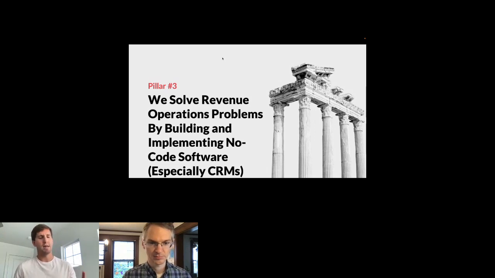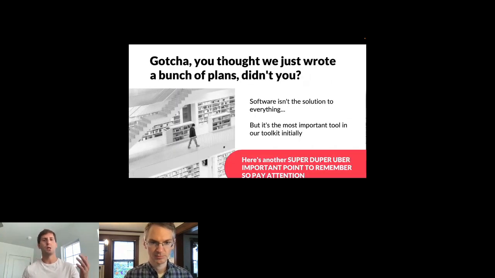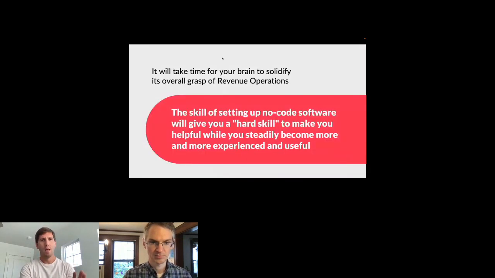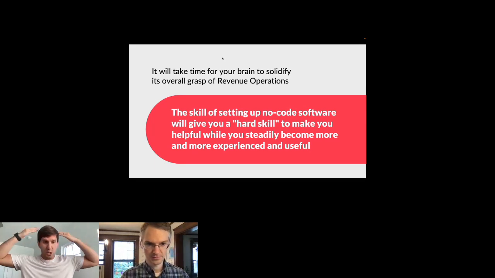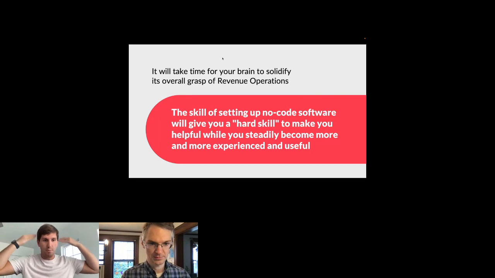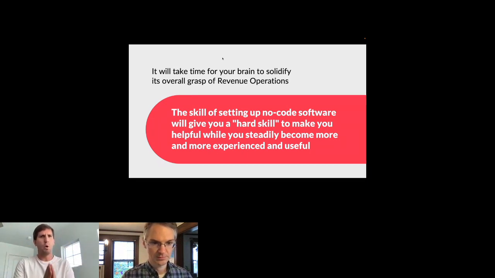And this is another important point to remember. It will take time for your brain to solidify its overall grasp of revenue operations. Some of you are mid-career, you've been doing this forever. Some of you are maybe newer. No matter where you're at, it takes a lot of time for your brain to start thinking like a RevOps expert, for you to be able to walk into any business and be like, all right, here's your business model.